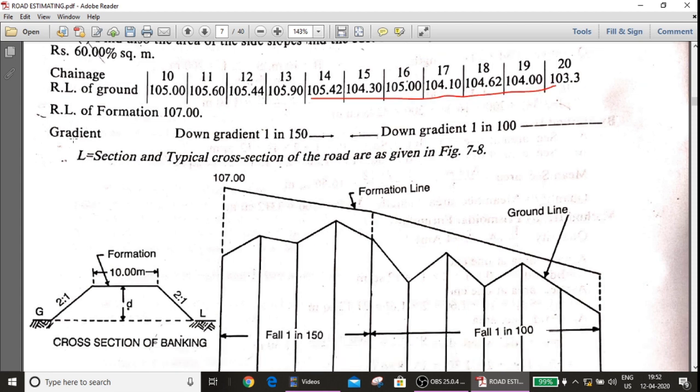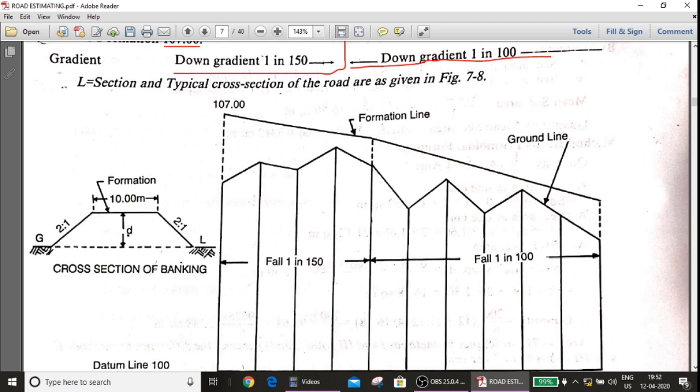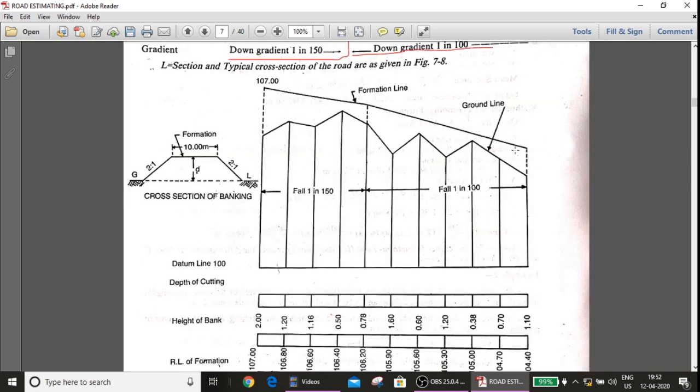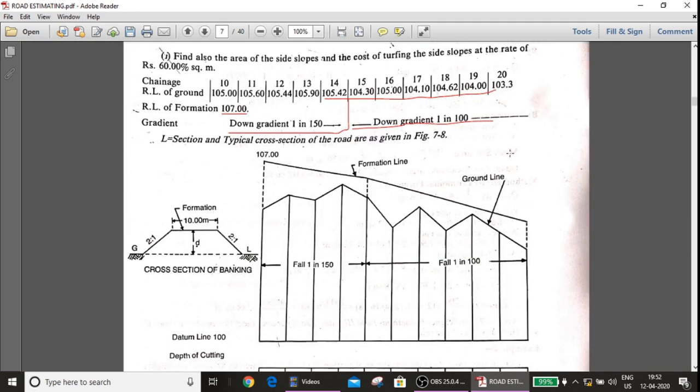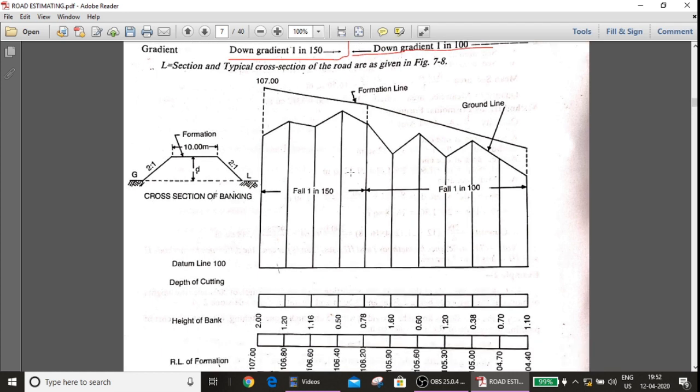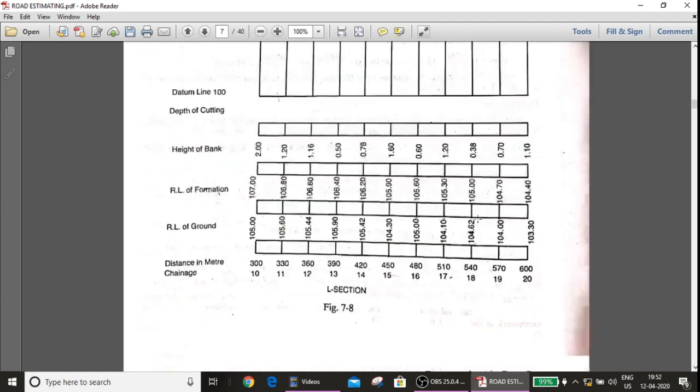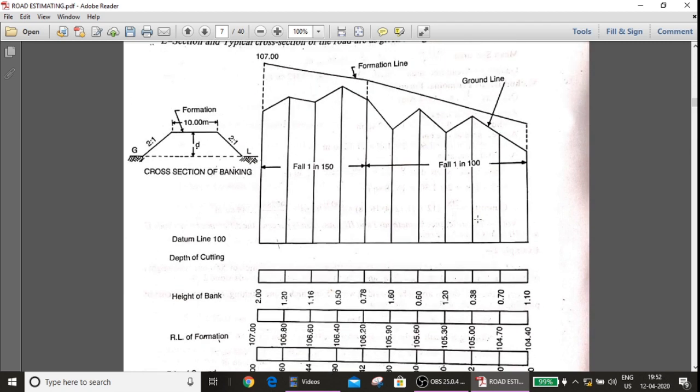Now they have given that the RL of the formation at the 10th chainage is 107, and the gradient is downward 1 in 150 till chainage 14, and then downward gradient 1 in 100 up to 20. Now you have to draw the cross section, the banking, and also the L section of the road.